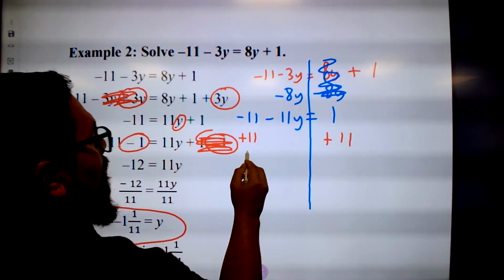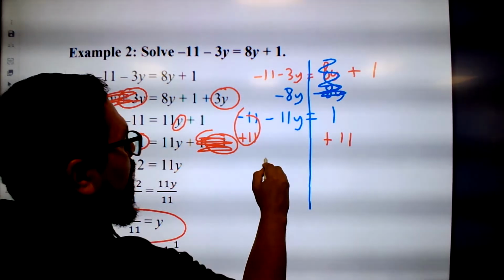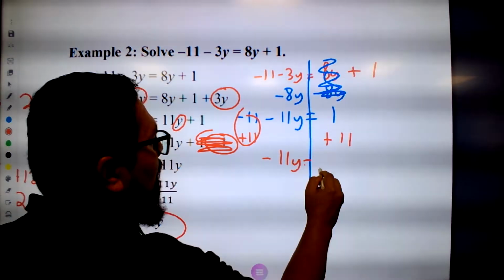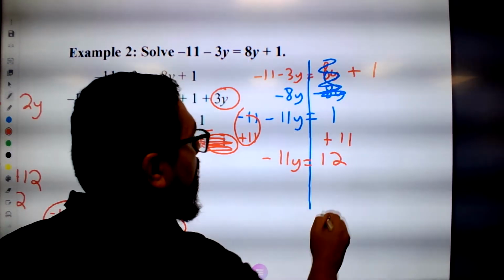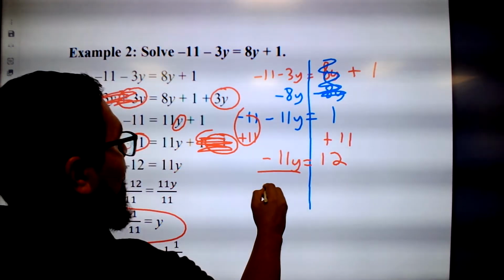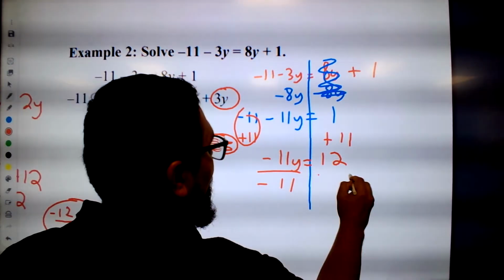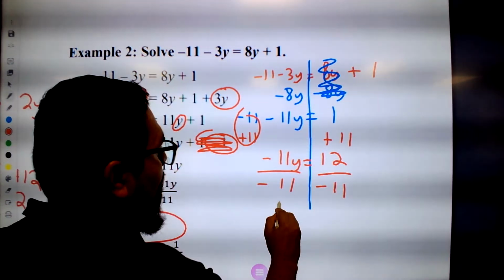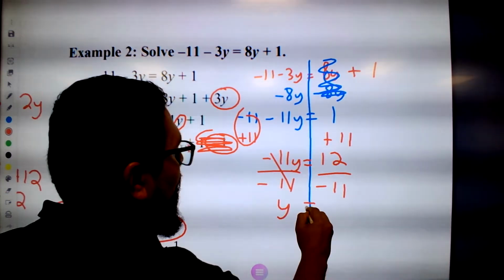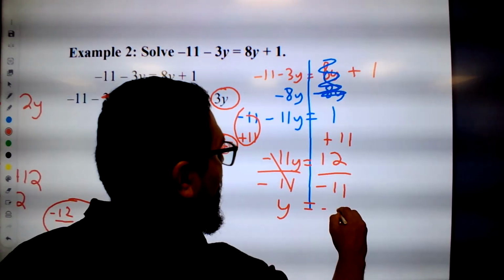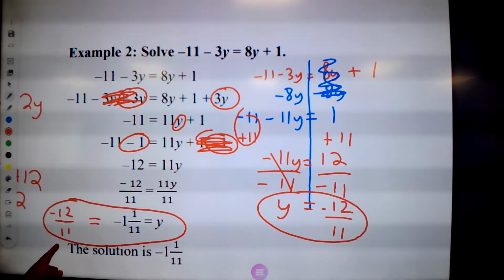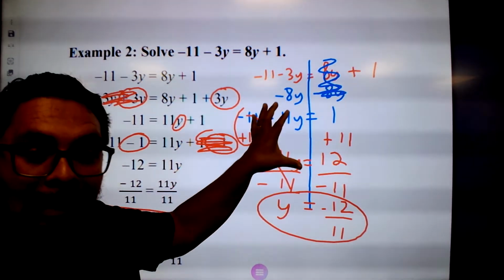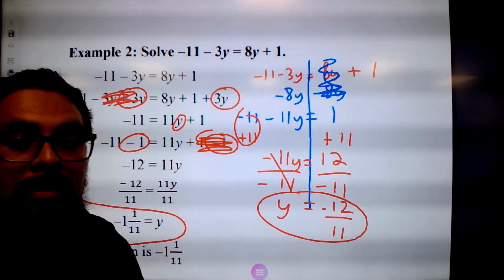Then this becomes 0. So negative 11y equals, and what's 1 plus 11? 12. So divide by negative 11, divide by negative 11. Cross this off. y equals negative 12 over 11, which is the same answer. A slightly different way to do it, but you get the same answer.